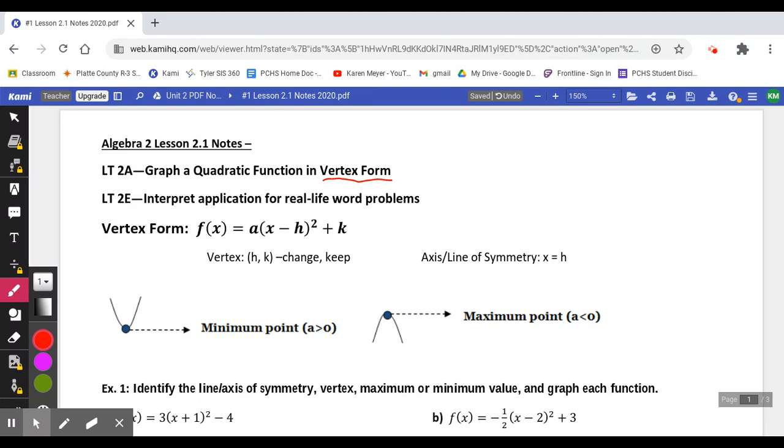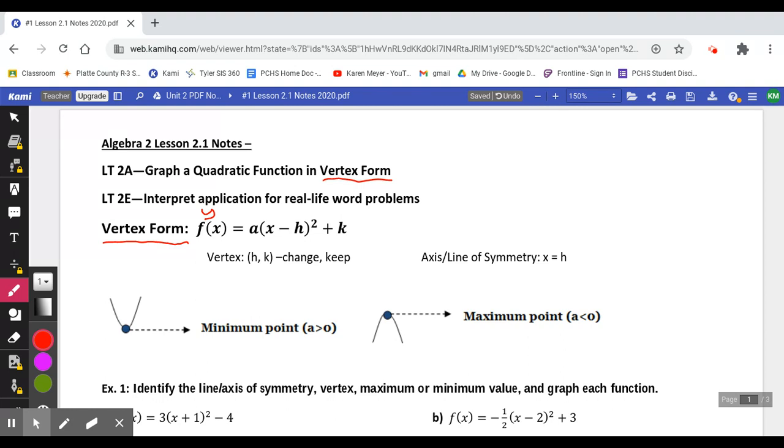So vertex form. Remember, f of x is the same thing as the letter y, so it could say y or f of x equals a(x minus h) quantity squared plus k.